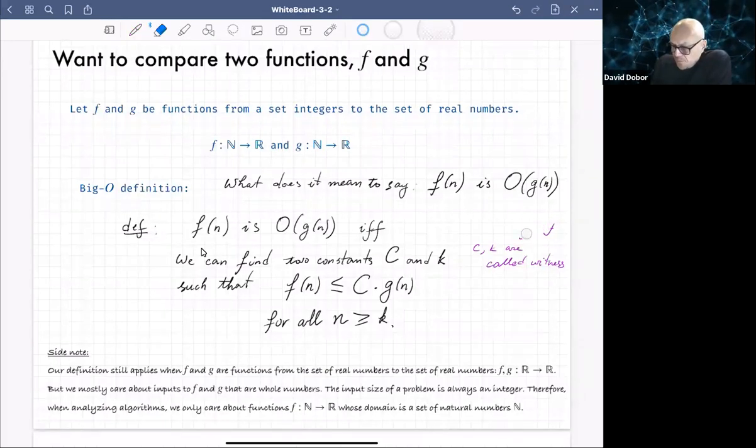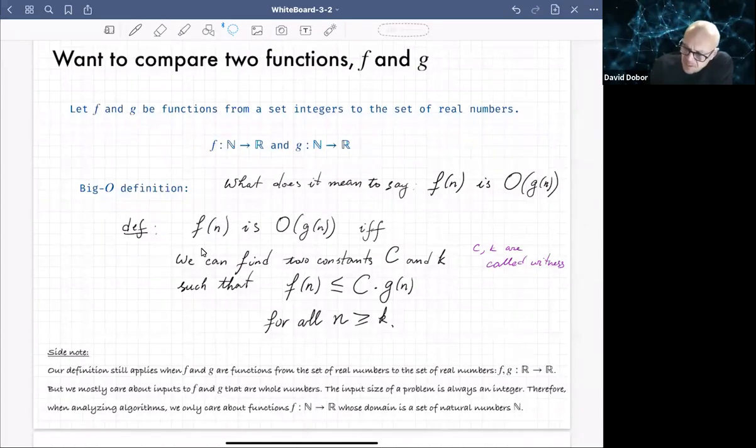Now, before we go into the examples, you can think of big O as less than or equal, but not less than or equal in the sense of arithmetic, like 5 is less than or equal. In some sense, it is less than or equal. It's less than or equal asymptotically.